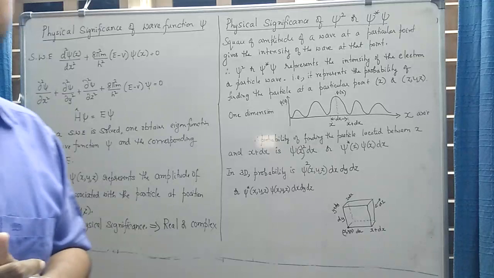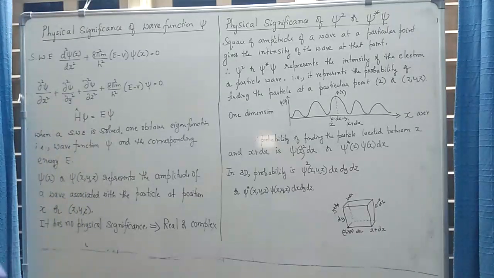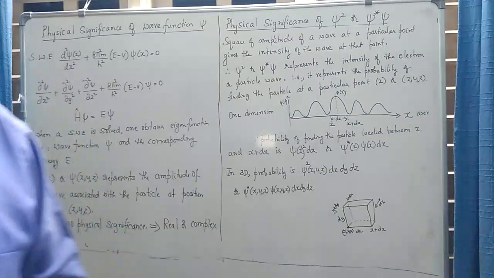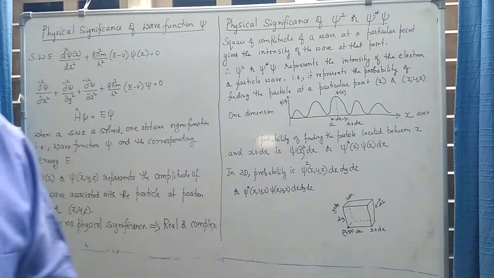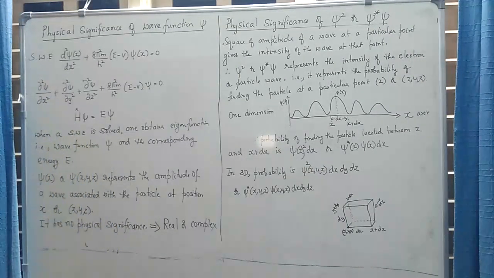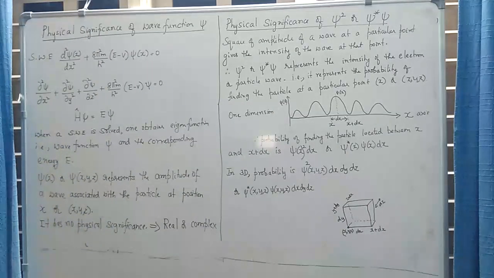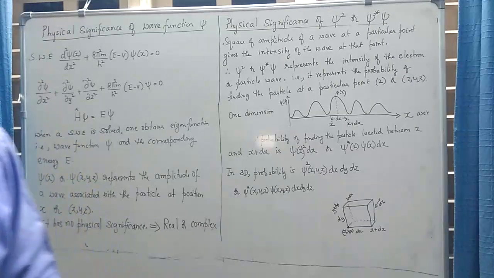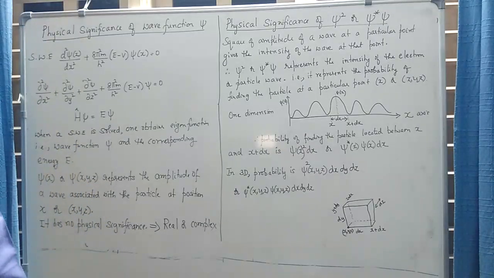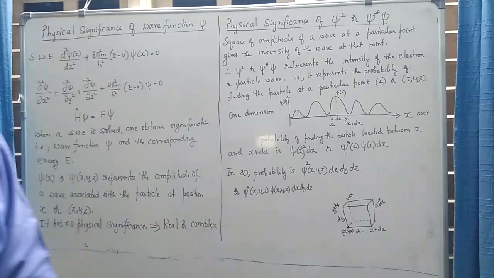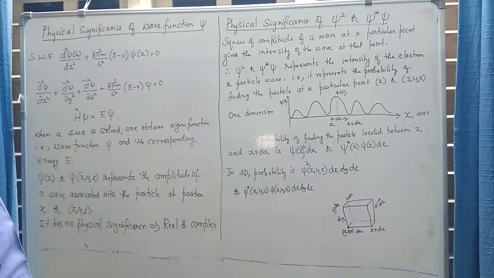How do you calculate the complex conjugate of a function psi? If you have a function, say for example e to the power ix, its complex conjugate is e to the power minus ix. So we are just changing the sign of the imaginary component of the function. For example, if the function is cos x plus i into sin x, its complex conjugate is cos x minus i into sin x.